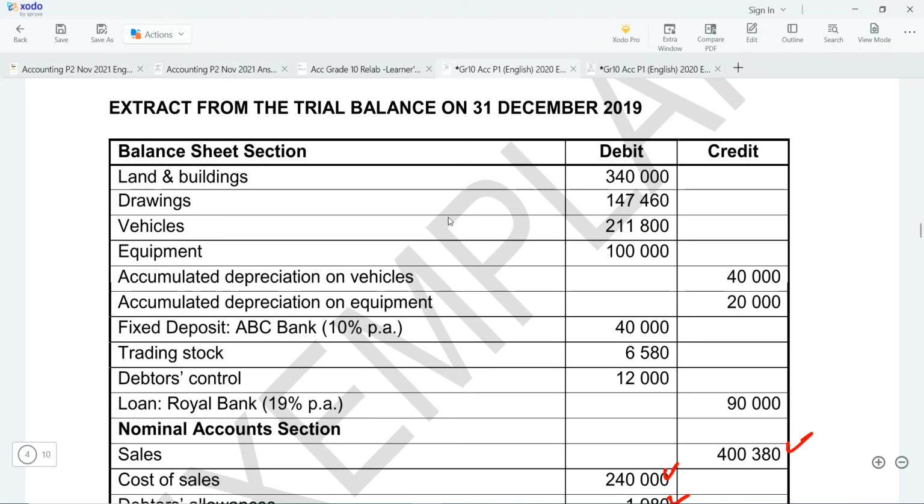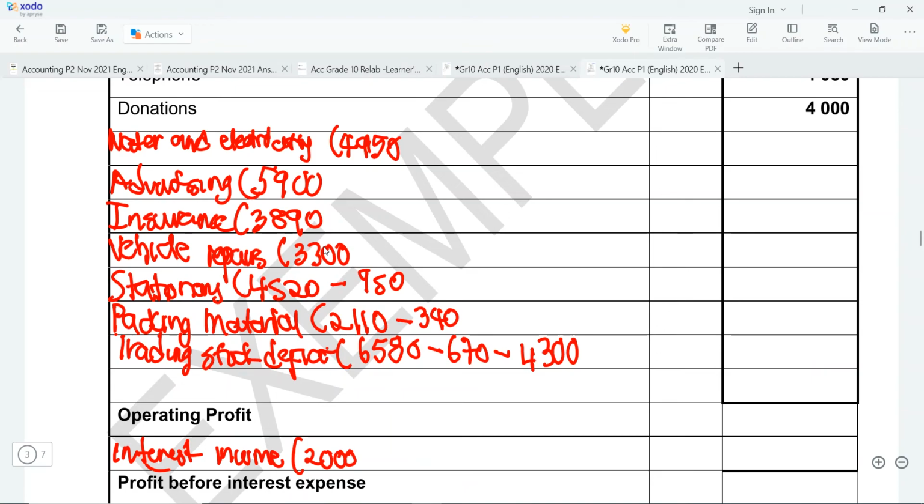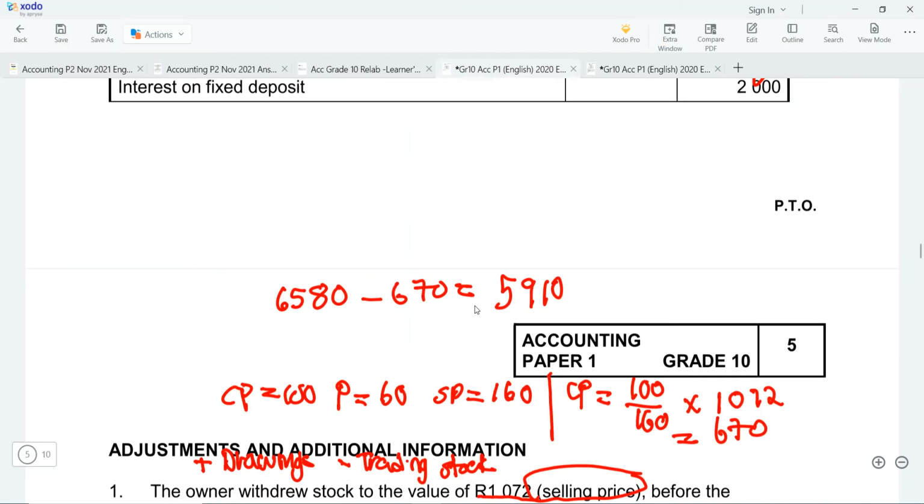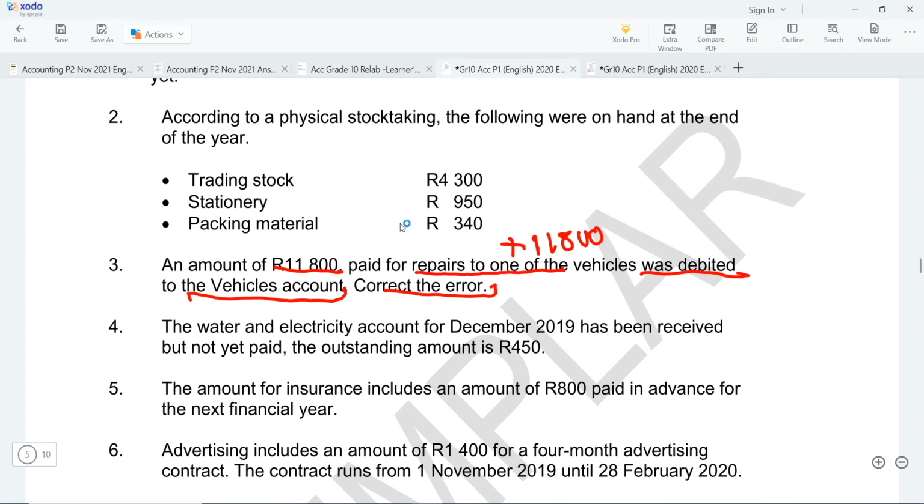We're supposed to go less than that, and we'll go to our... Ask yourself, how are you going... not yet paid?